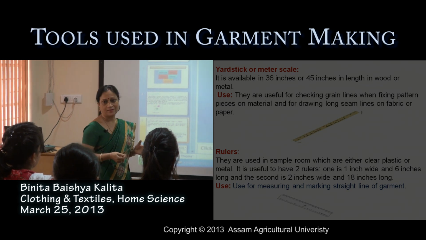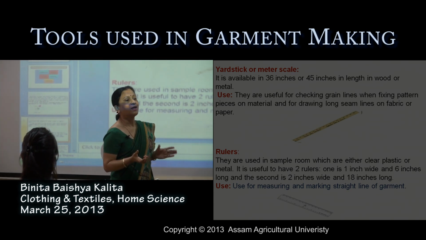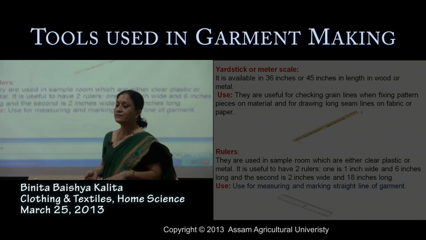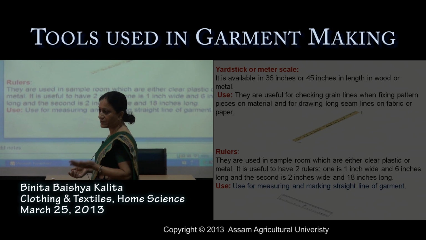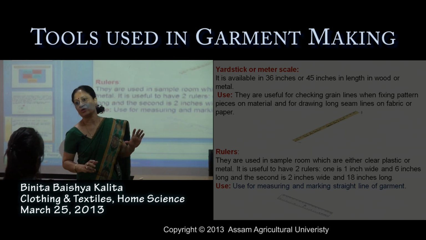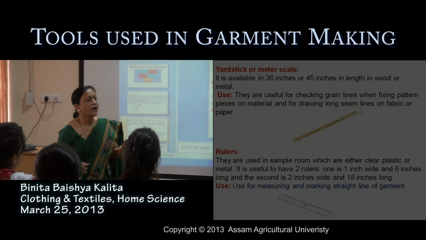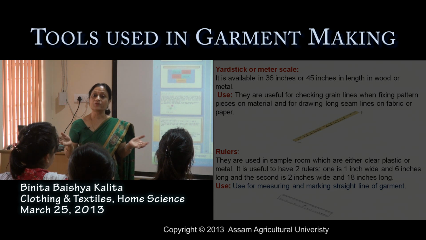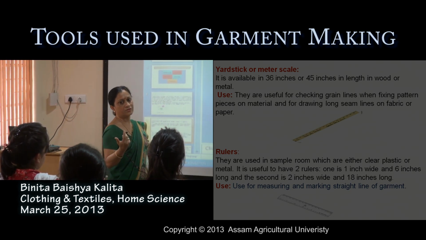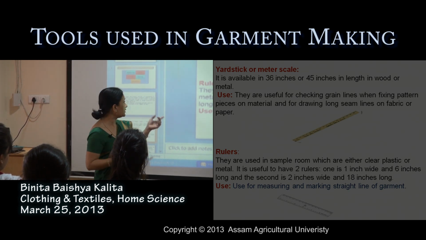Then the ruler. I think all of you know the ruler. It is a small scale, also available in plastic and metal, and it is marked in centimeters as well as inches. You can use this small ruler to measure small parts of the garment. In our body we have different parts, some very long, some small, so to take small measurements we can use the ruler.